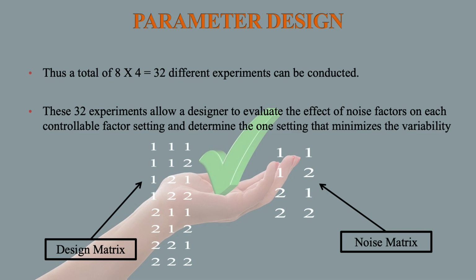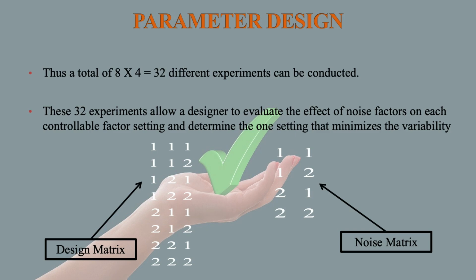So by seeing this parameter design, the design matrix consists of 3 factors with 8 combinations, and in the noise matrix, 2 factors will be there and 4 combinations will be constructed. Thus a total of 8 into 4, that is 32 different experiments, can be conducted.